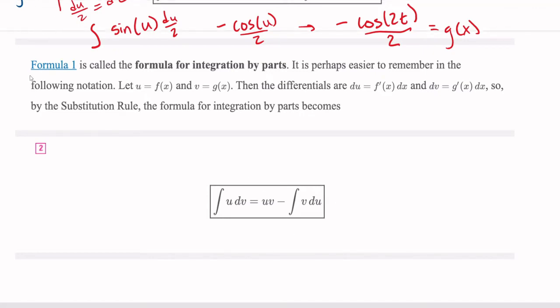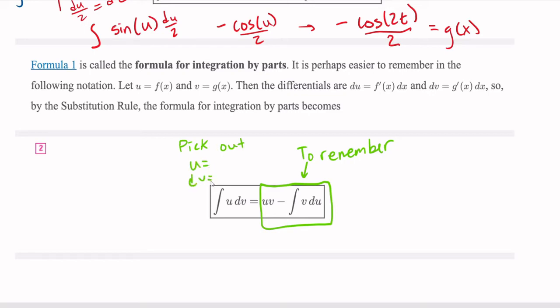So let me mark this. To remember, you have to remember this formula, and you have to remember that you are going to be, at the start of each of these problems, picking out u and dv. So you're going to take your integral, and we'll practice this a ton, because I know this is a little weird sounding possibly.